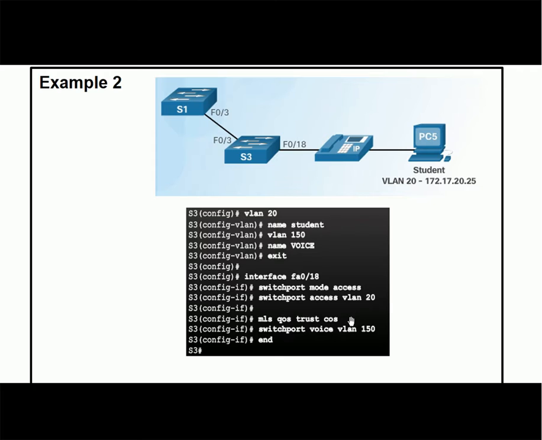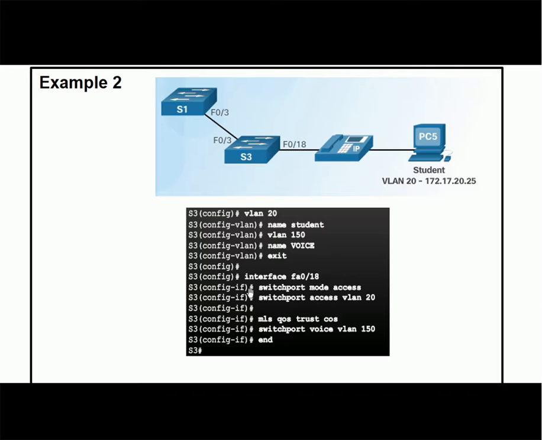So it's all about quality of service and class of service. MLS QoS basically enables quality of service globally, and you will notice that it's always used when you're creating VLANs that will carry voice traffic as well.